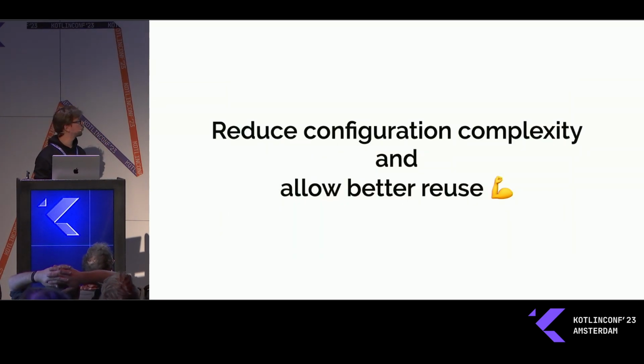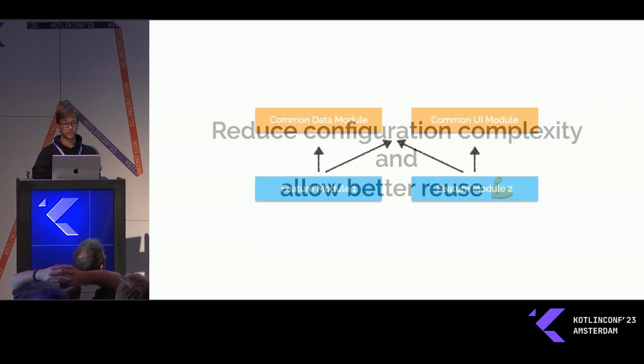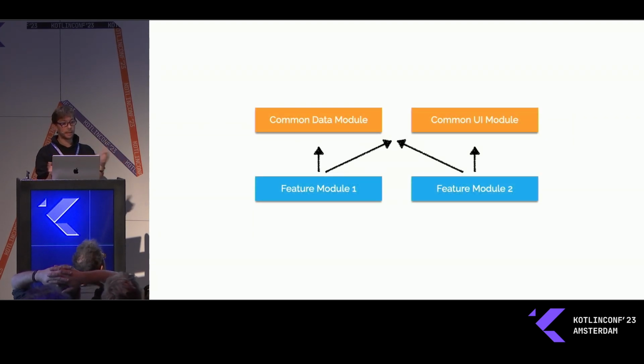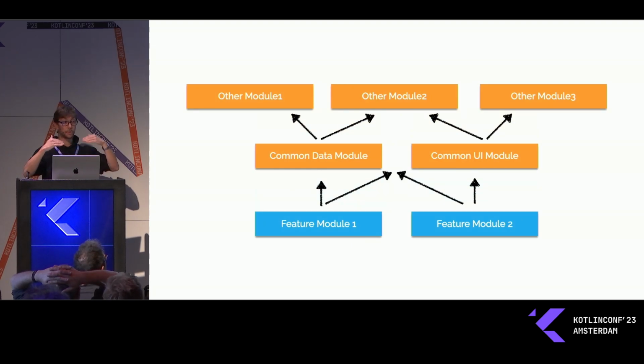And that's super important, because then you reduce your configuration complexity, and it allows you to better reuse all your stuff everywhere, and you don't have to care about how you are re-including or reusing such or such definition in other configuration. And then it becomes super natural to scale in terms of modules, to have one feature module that is using common data, common UI, and then you can scale at many levels.